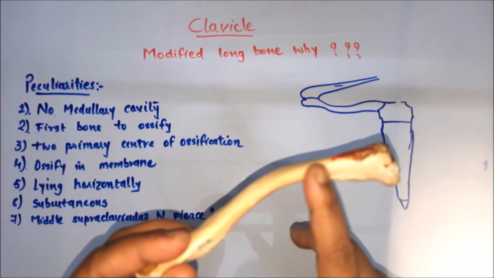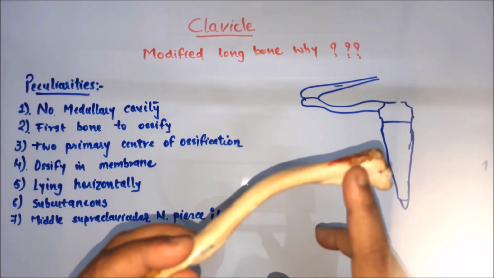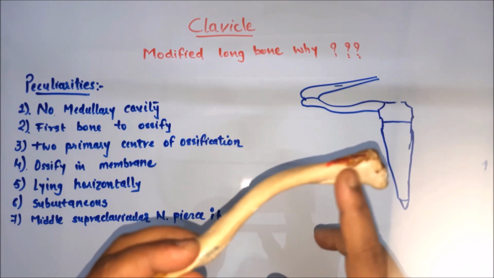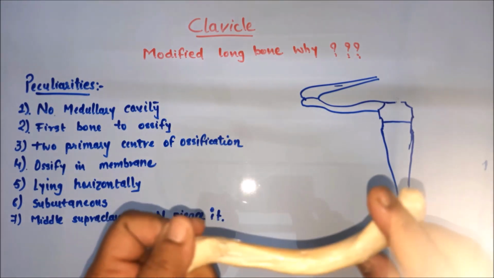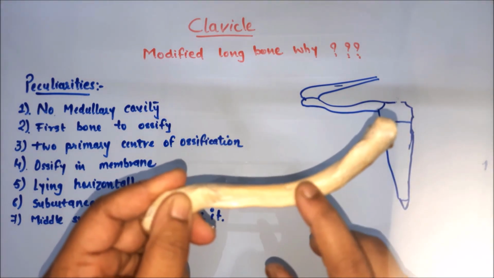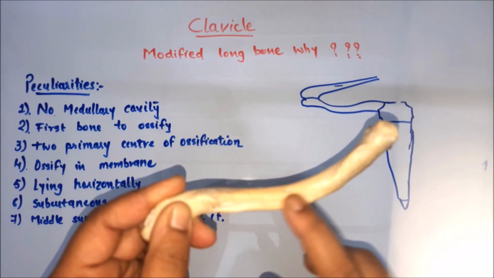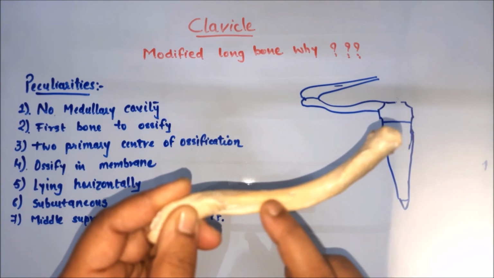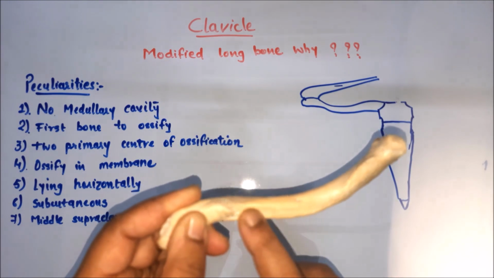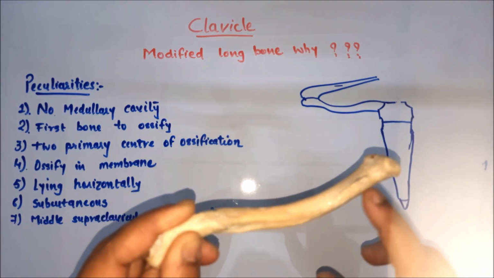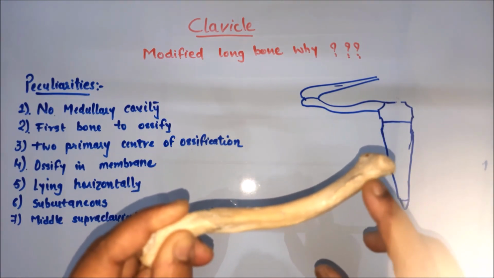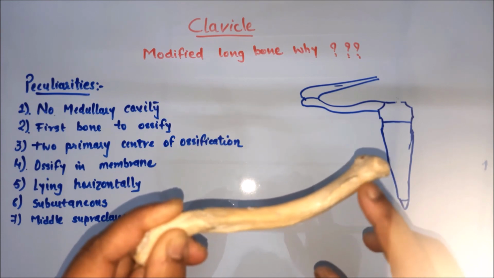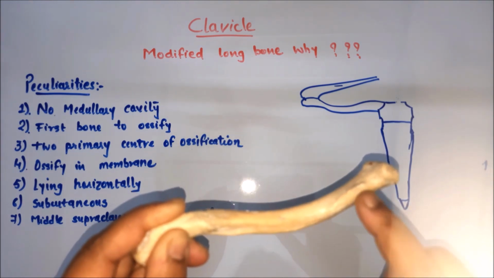On the posterior surface, here on the medial side, there is the origin of the sternohyoid muscle, and on the inferior surface, on the subclavian groove, the subclavius muscle arises. Around the articular surface on the inferior surface there is the attachment of the costoclavicular ligament.